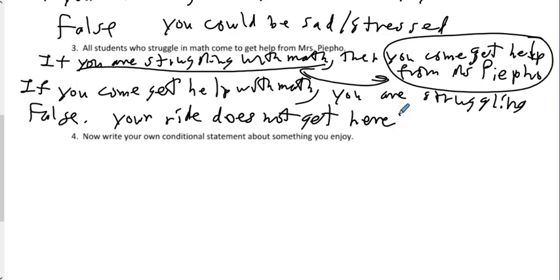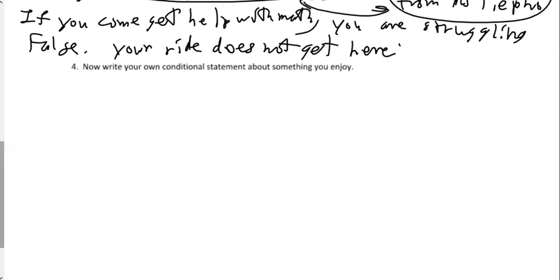Okay? But let's say your ride doesn't get here, so you just hang out with Ms. Pipo to work on math. Or maybe you just enjoy working with a teacher. Or maybe your best friend is going and you're just going to get extra help. So there's a lot of ways you can disprove it. And it's very easy to get these right. Just put something that makes sense.